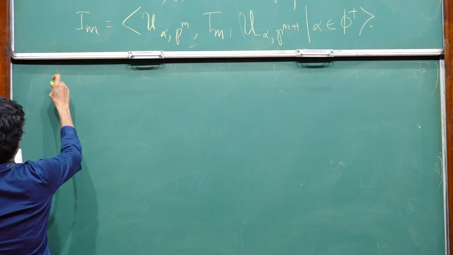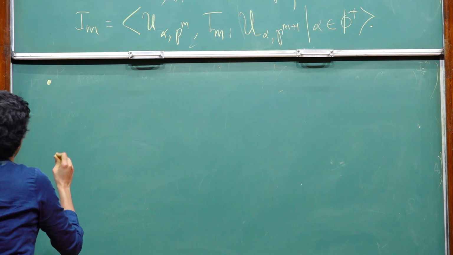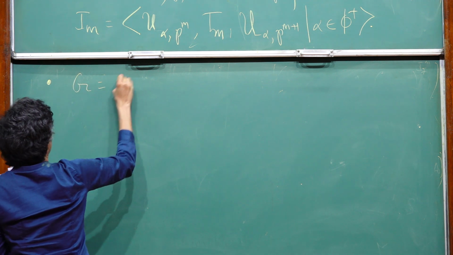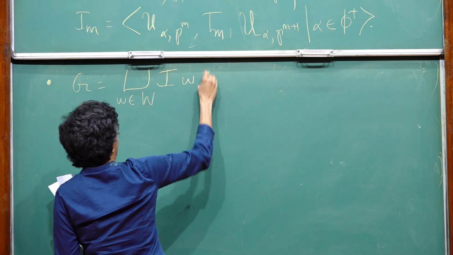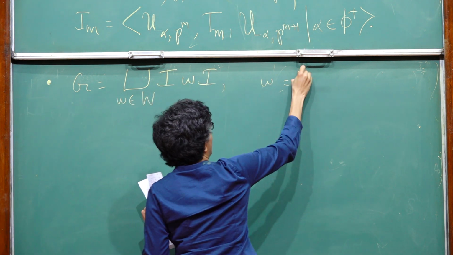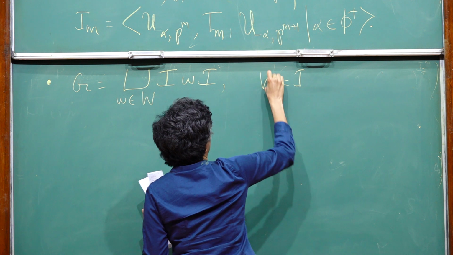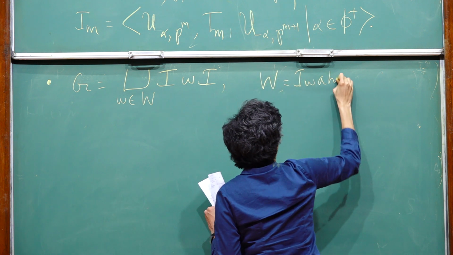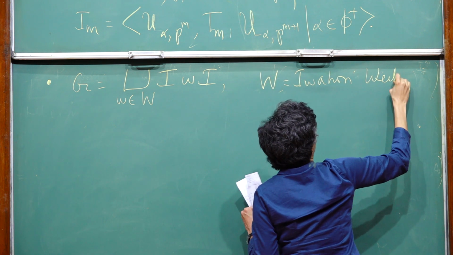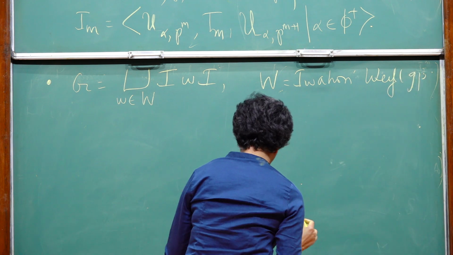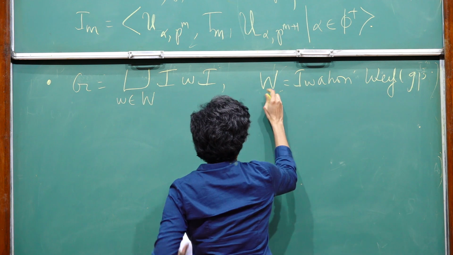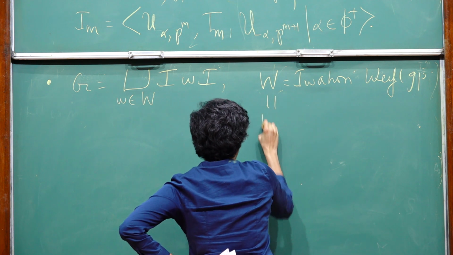And then this is known due to Bruhat–Tits that G is the disjoint union of IwI over w in W, where W is the Iwahori–Weyl group.